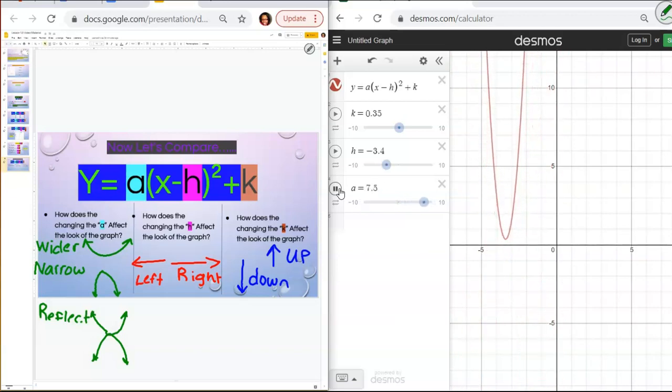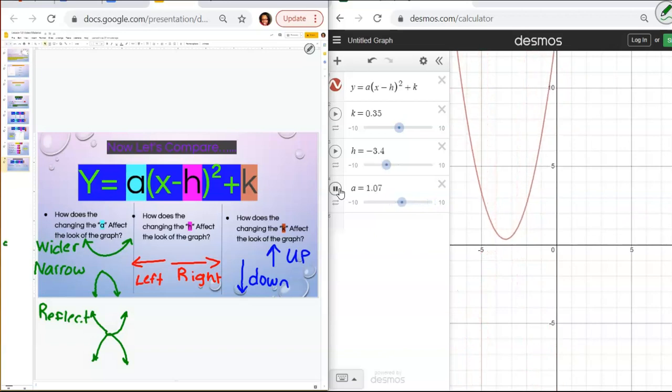All right, so what makes it wider? If you notice, look how small these numbers are. The smaller the A value, the wider it gets.